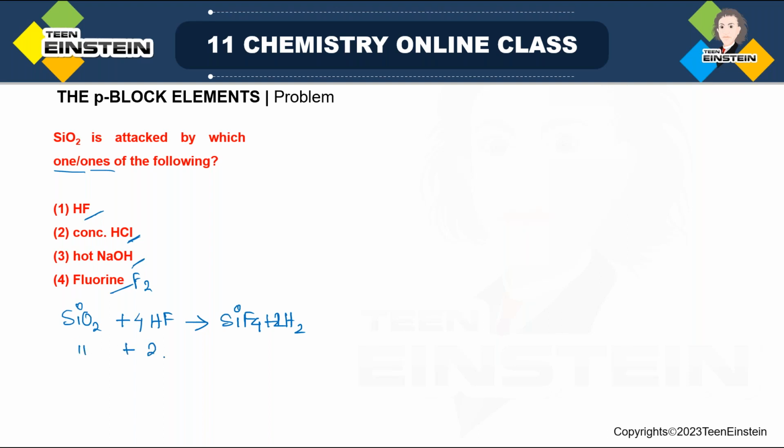Then SiO2 also reacts with fluorine, and there is formation of SiF4 along with oxygen gas. It also reacts with NaOH only at very high temperature, around 900 degrees centigrade. In this range of temperature, there is formation of sodium silicate and water. So except concentrated HCl, the other three, 1, 3, 4, react with SiO2. That means SiO2 can be attacked by these reagents. So these three are the correct options.